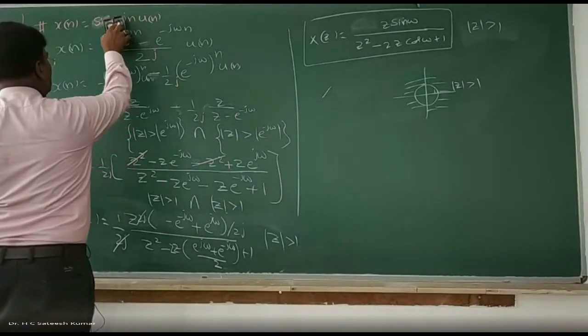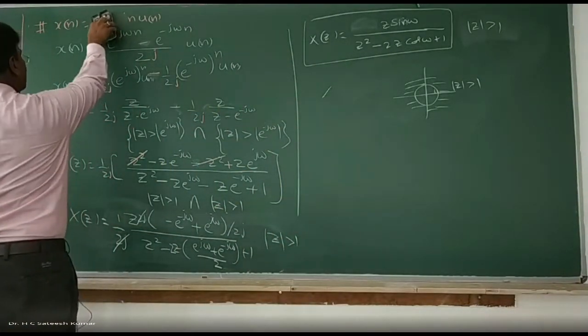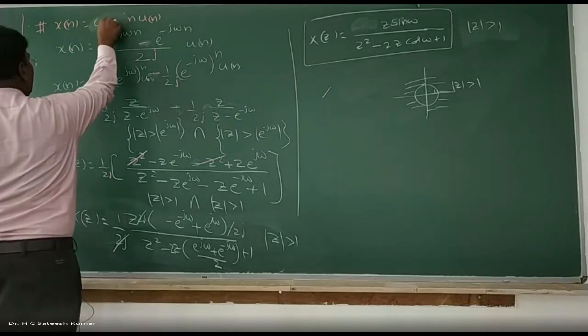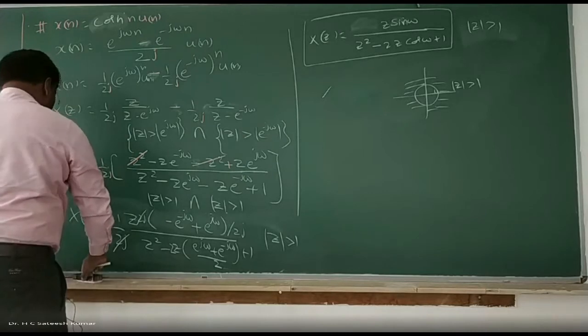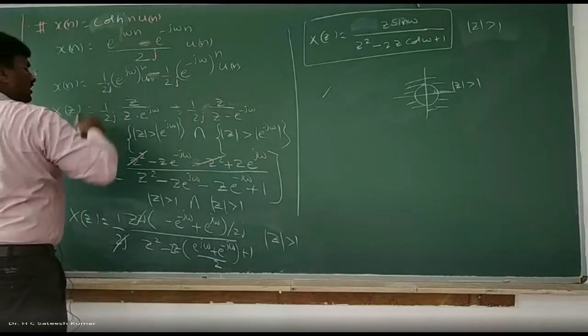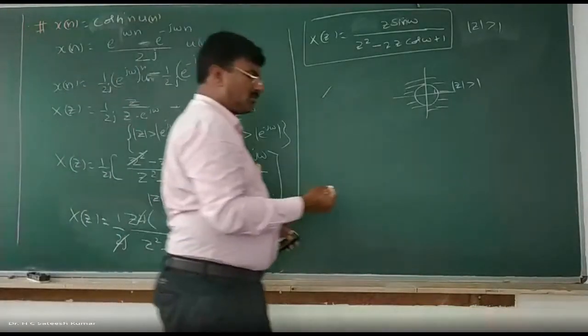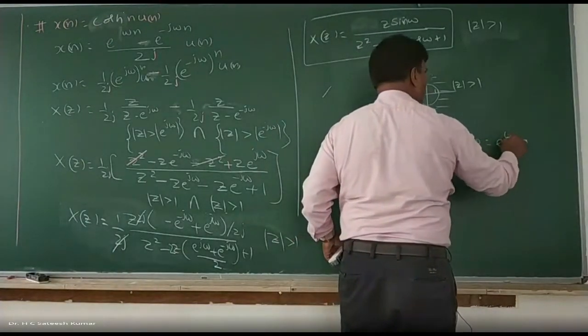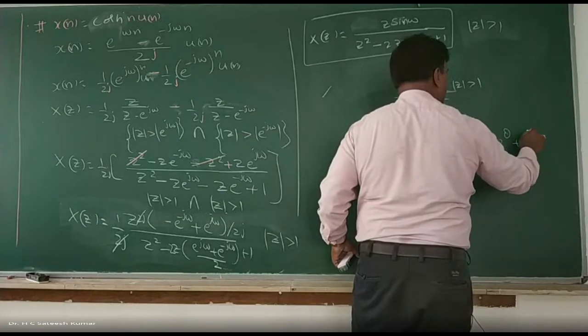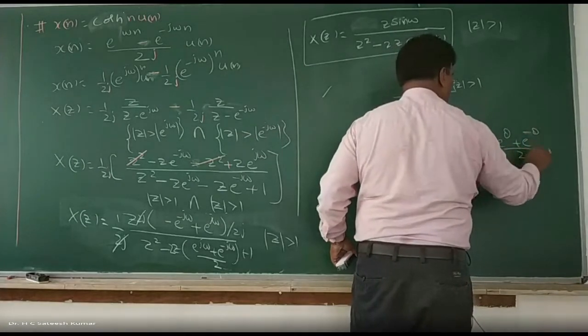x of n is equal to cos hyperbolic omega n. When I say cos hyperbolic omega n, what will the equation be? Cos hyperbolic theta is nothing but e to the power of theta plus e to the power of minus theta divided by 2. No j. Okay.